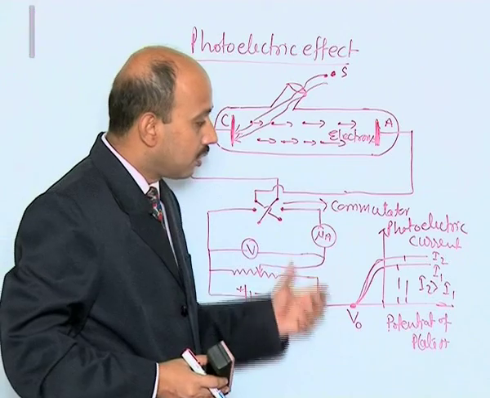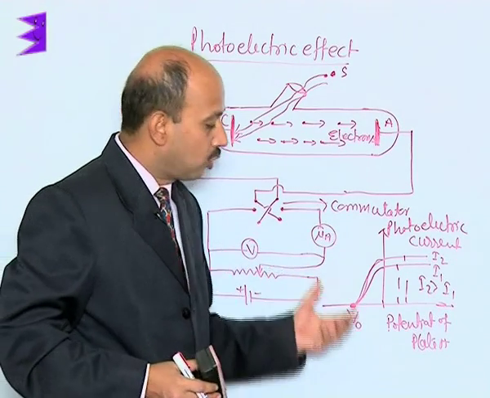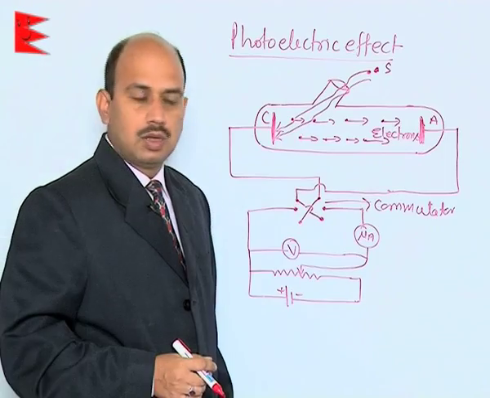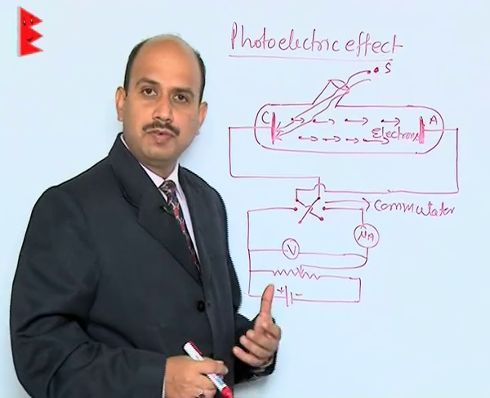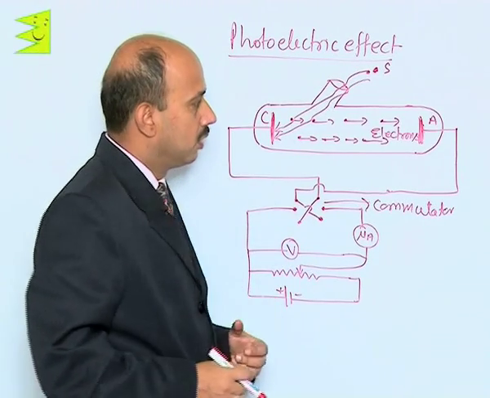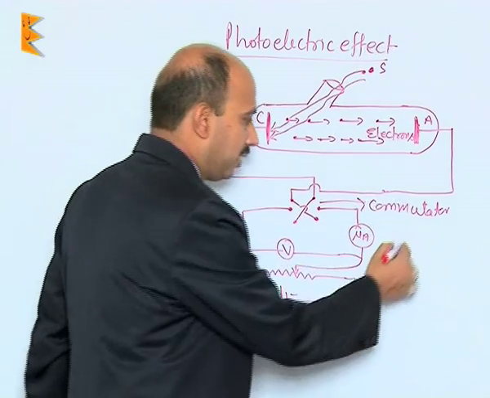But see here, by varying the intensity we are getting the same stopping potential for the two radiations if the frequency is kept constant. Now, see the effect of frequency on the stopping potential. If you keep on changing the frequency, you will get a graph like this.